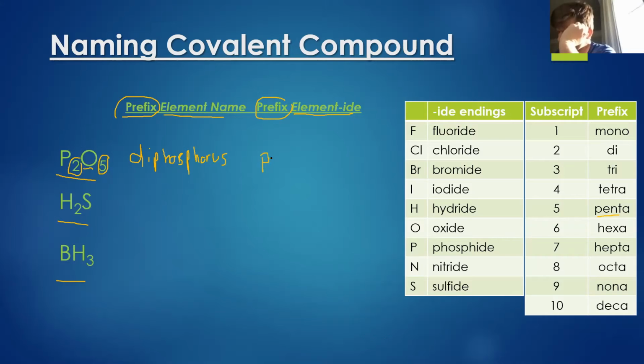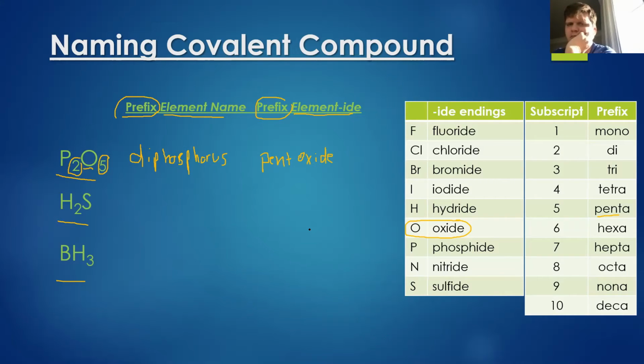But I don't want to write pentaoxygen, because since oxygen is the second element present in that chemical formula, I want to make sure I'm writing the IDE version of it. So when I go over to the IDE endings, we see oxygen changes into oxide. Not oxygenide, but oxide. So it'll be pentaoxide.